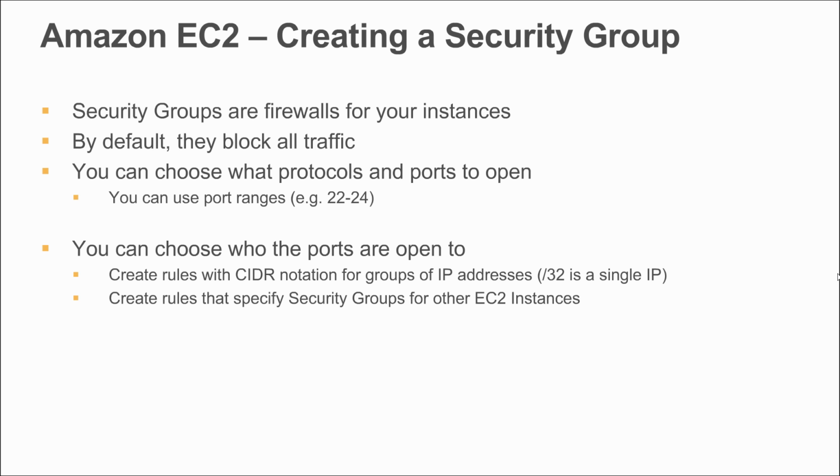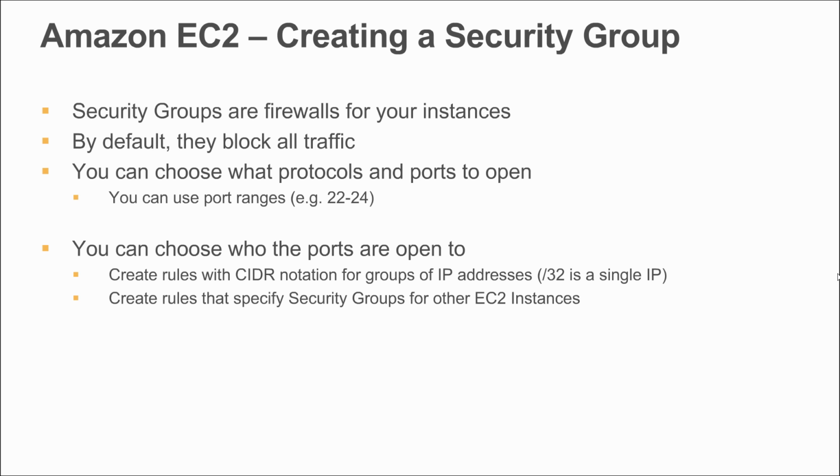Protocol being something like TCP or UDP. And you can choose the port ranges, so 22 for SSH, 3389 for RDP, other kinds of ports that are open. You can pick individual ports or you can pick ranges of ports. You also get to choose who the ports are open to. You can create rules that use CIDR notation for networks or groups of IP addresses.